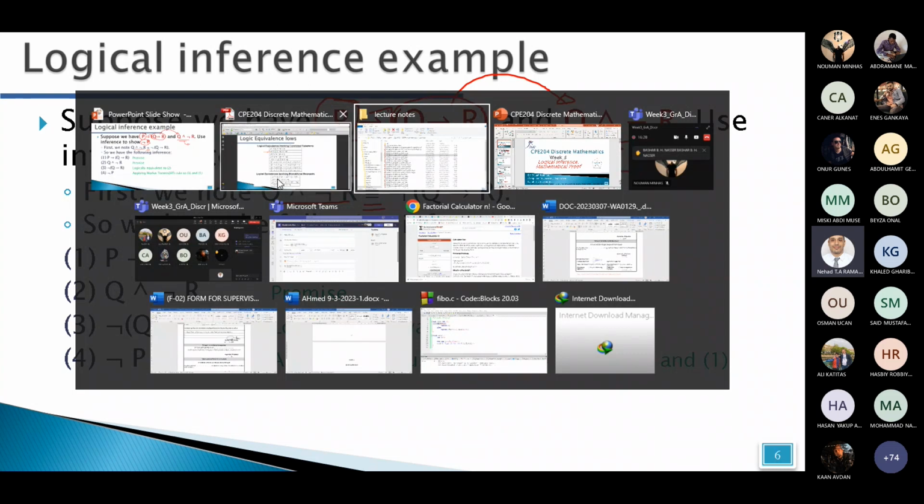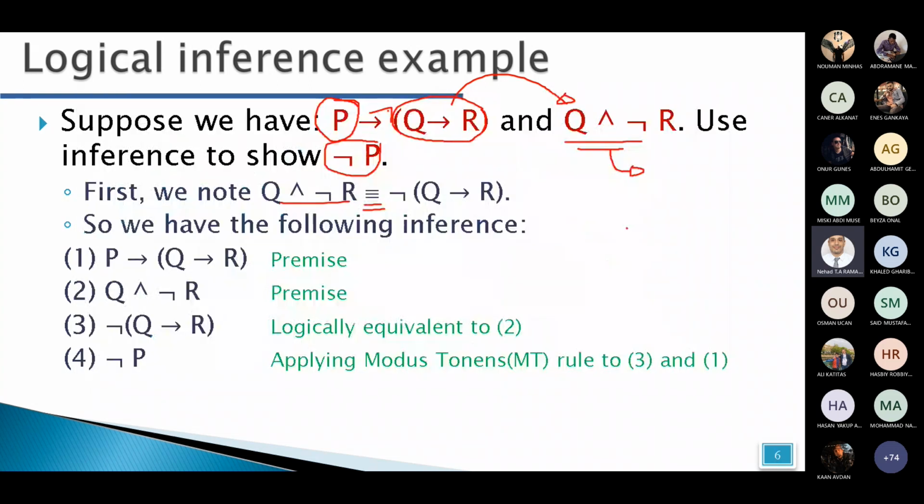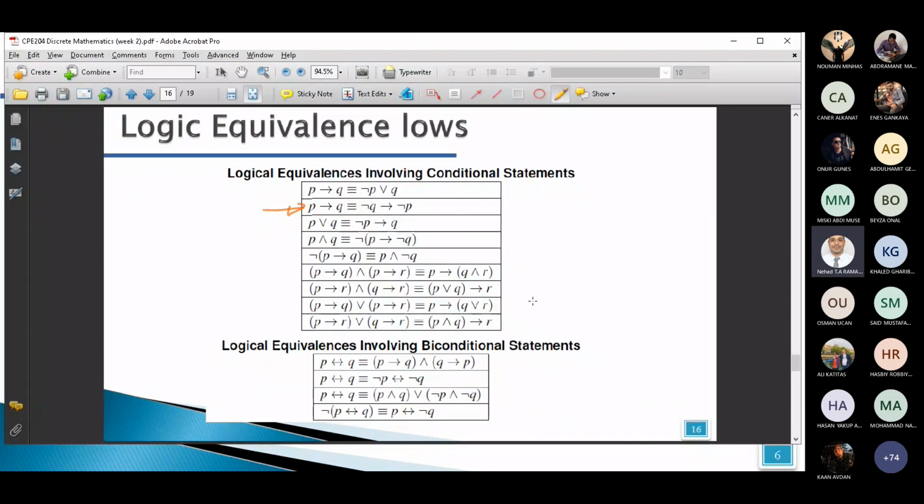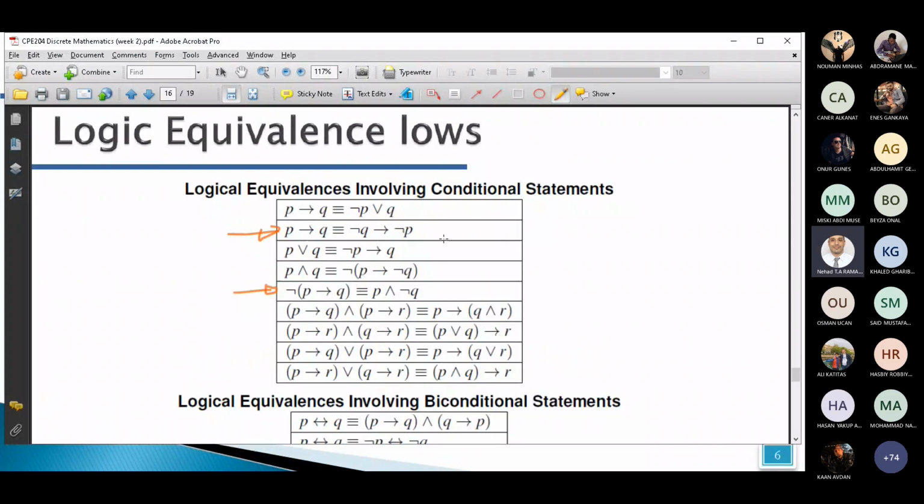We already took it. That's why you have to make revision always. Look here. Let me make it bigger. Not P implies Q is logically equivalent to P implies not Q, and not the Q. So if you have this one, you can get this one.